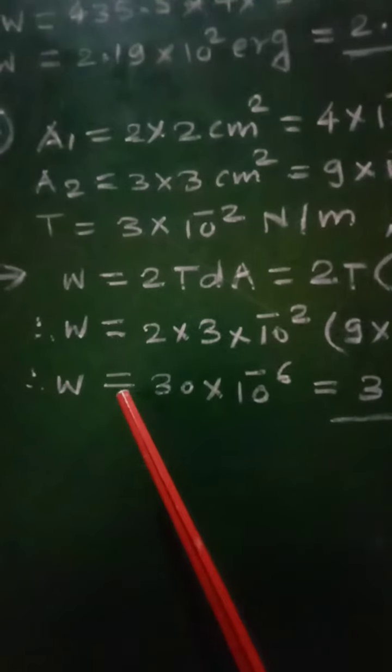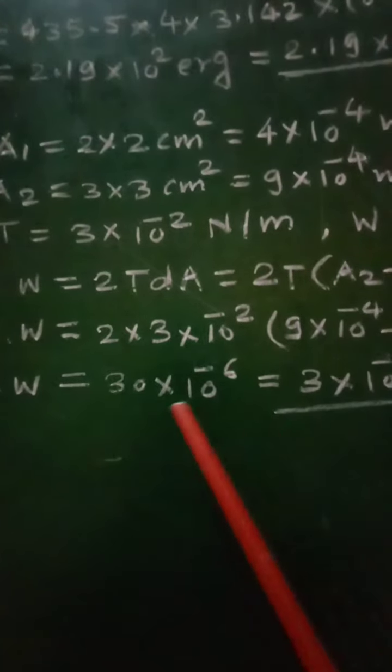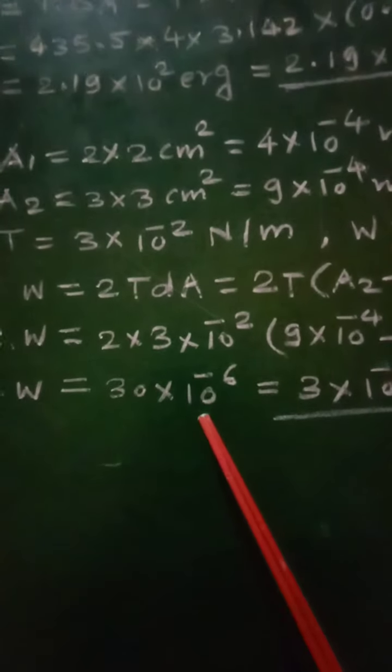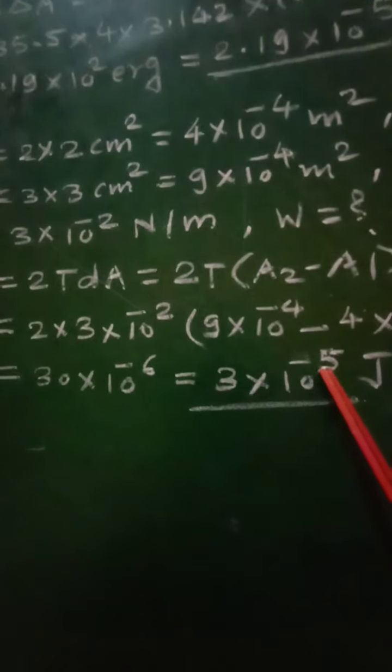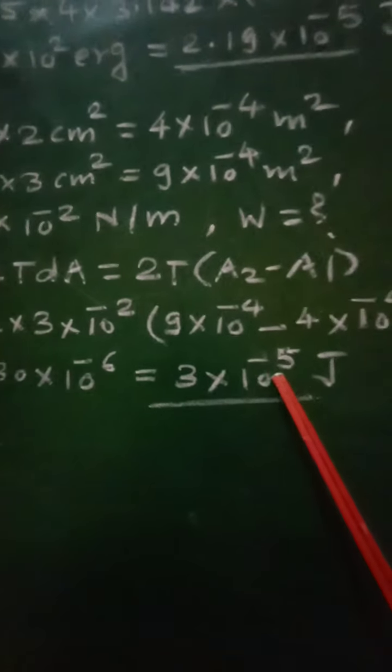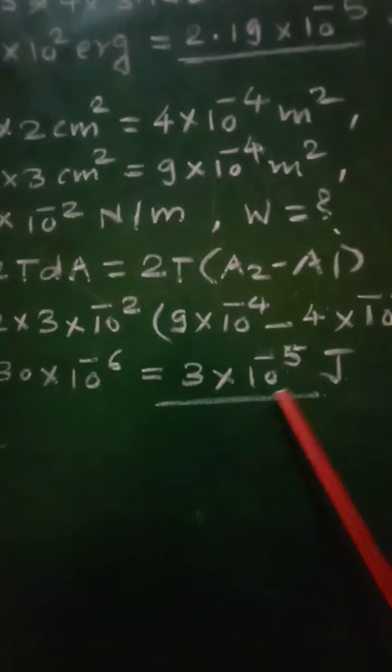Calculating this, we will get W is equal to 30 into 10 raised to minus 6, which will be written as 3 into 10 raised to minus 5 joule. So this will be the work done in this process.